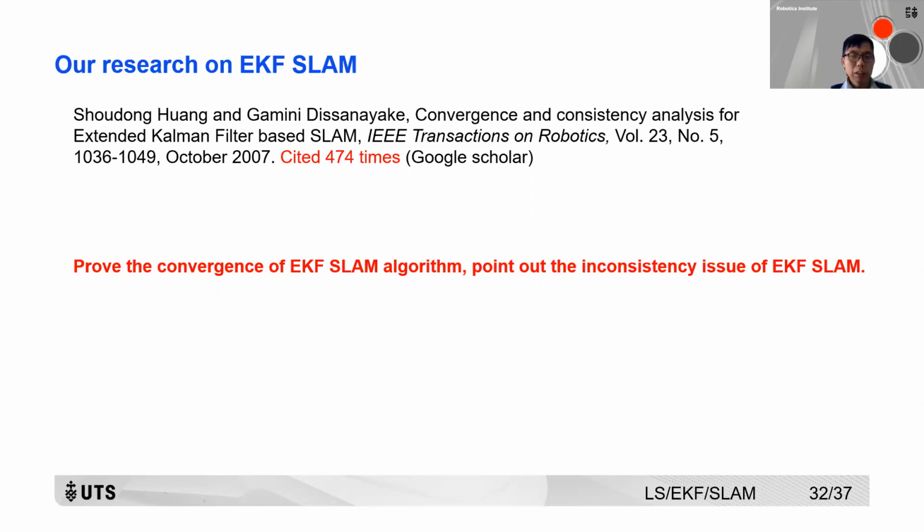He didn't consider the nonlinear case. In this paper, we proved the convergence for the nonlinear case. But we can only prove the result when the Jacobians are evaluated at the ground truth. If the Jacobians are not evaluated at ground truth, we found there is an inconsistency issue, and that makes the EKF SLAM algorithm not good.